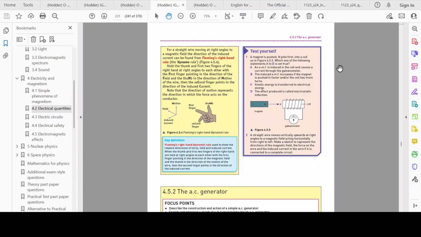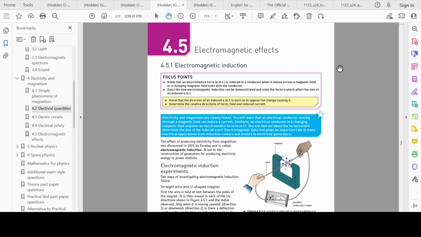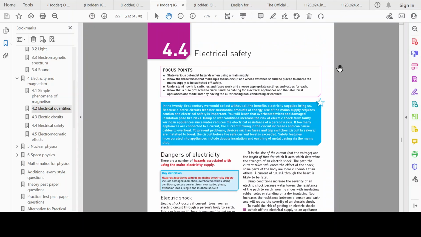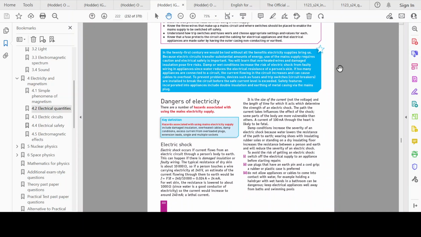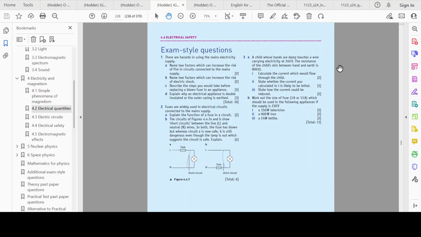You've got Unit 4, which we're doing right now, and then you've got Units 5 and 6, nuclear physics and space physics. So I'll read 4.4, electrical safety, and if I have any questions, I'll get back to you.